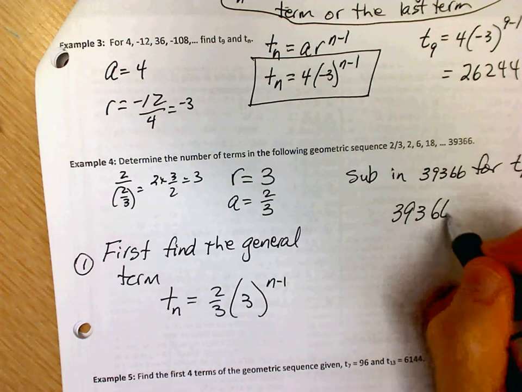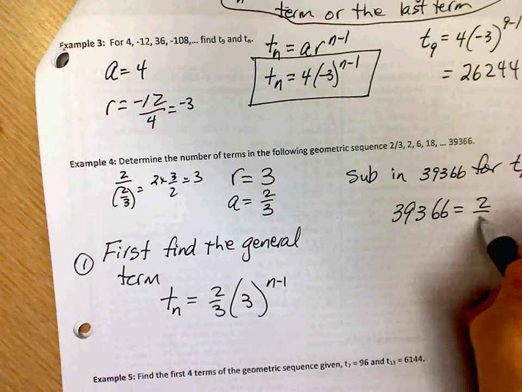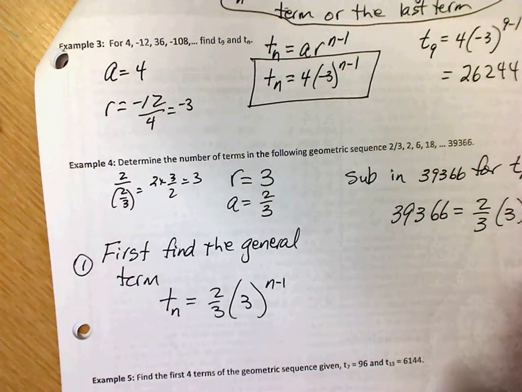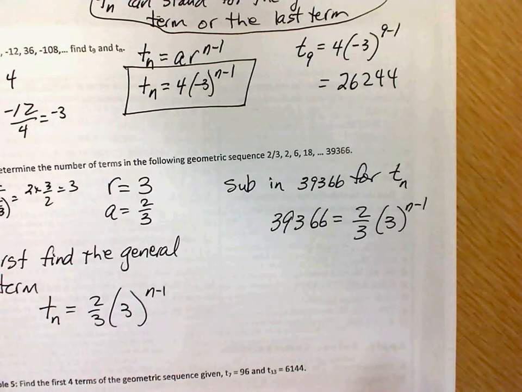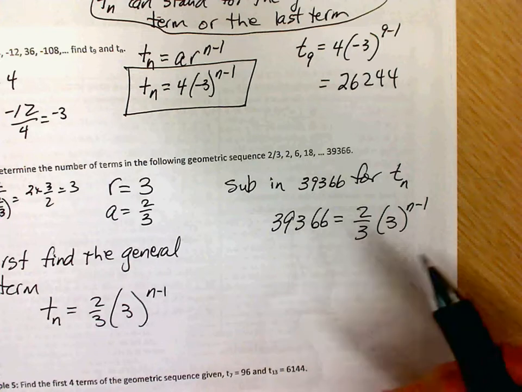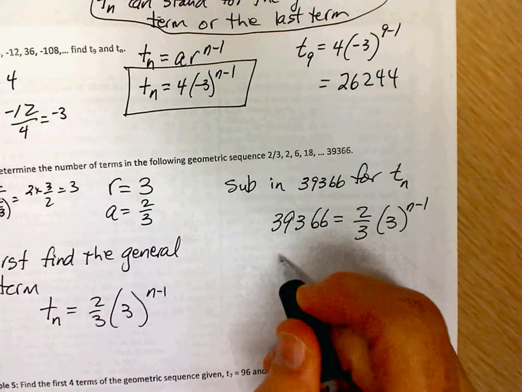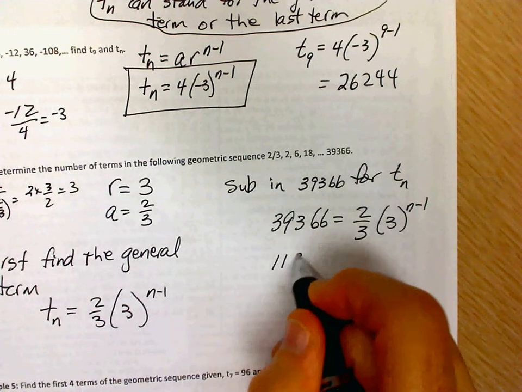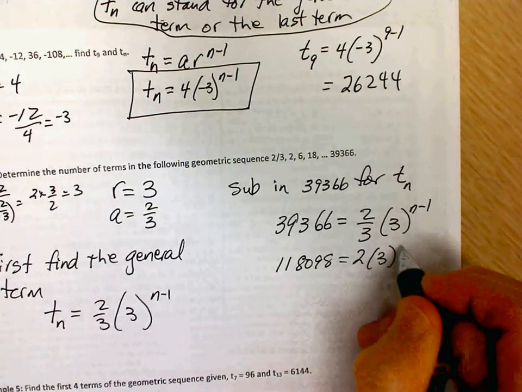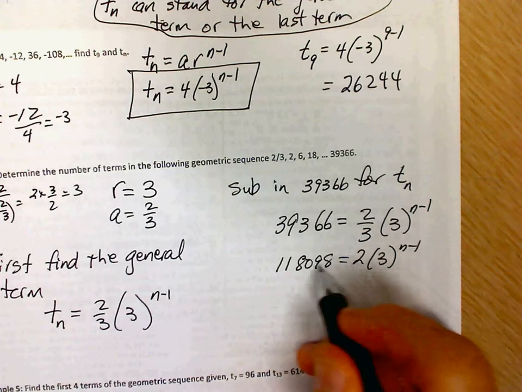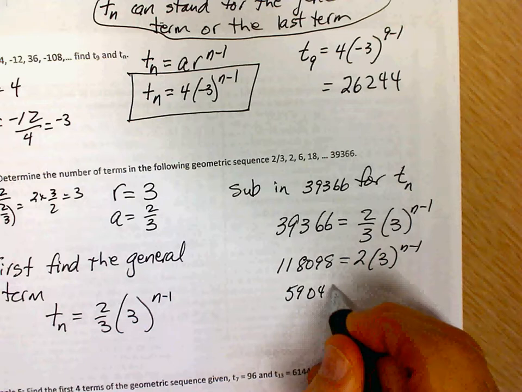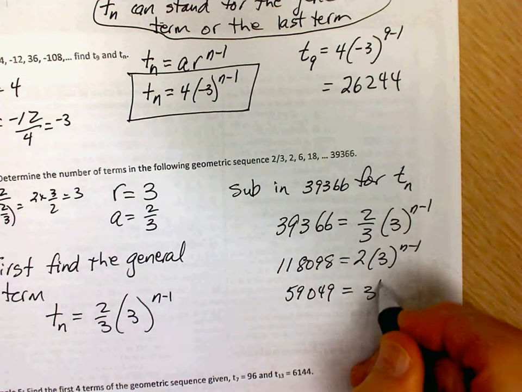39366 equals 2/3 times 3 to the n minus 1. We multiply both sides by 3 and we get 118098 equals 2 times 3 to the n minus 1. Then we divide by 2, so we get 59049 equals 3 to the n minus 1.